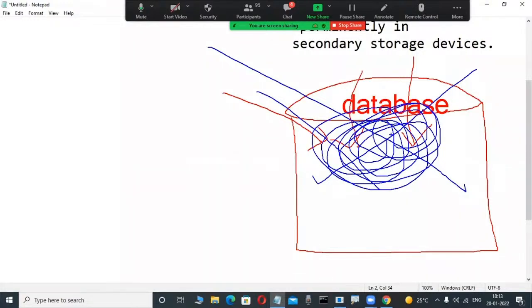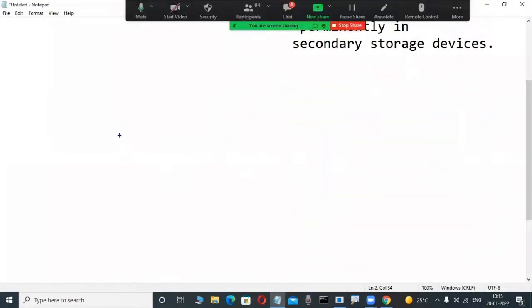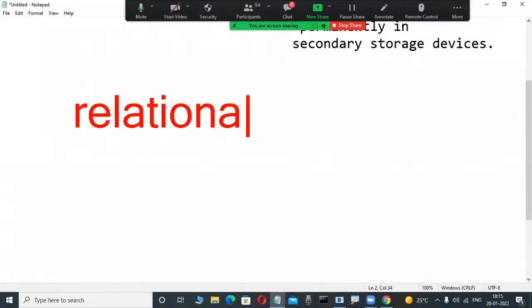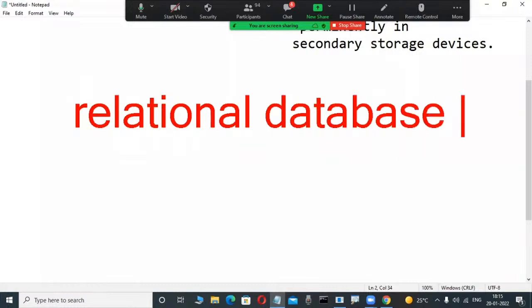Nowadays, for any random collection of data, some non-relational databases are there, like MongoDB. That is different. Oracle, SQL Server, DB2 are relational databases. One of the popular relational databases are Oracle, SQL Server and MySQL.